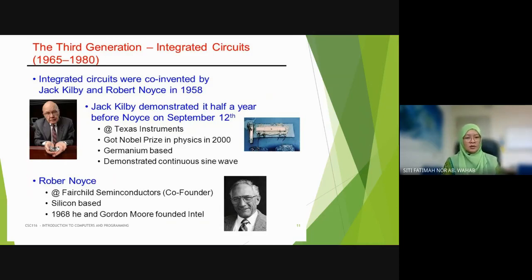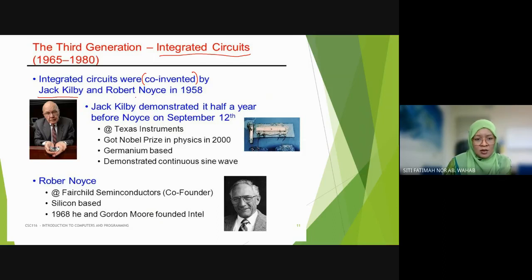Okay, so I have mentioned Jack Kilby. Jack Kilby invented the IC, integrated circuit technology. Why is it said that it is co-invented by Jack Kilby and Robert Noyce?